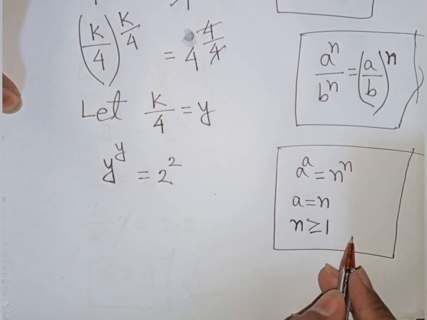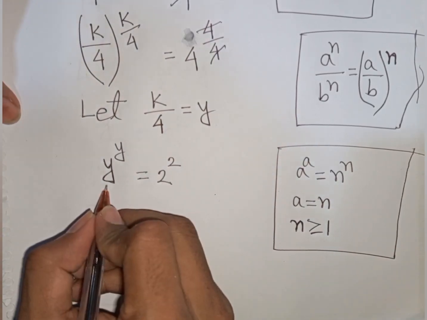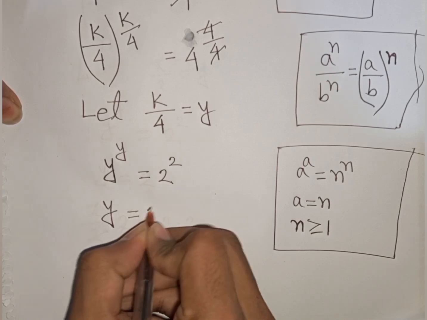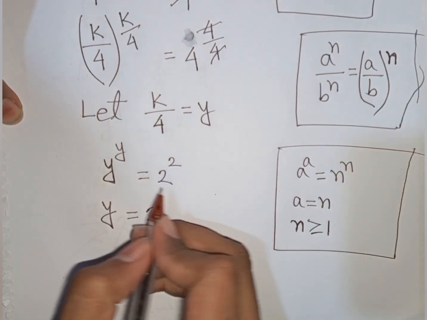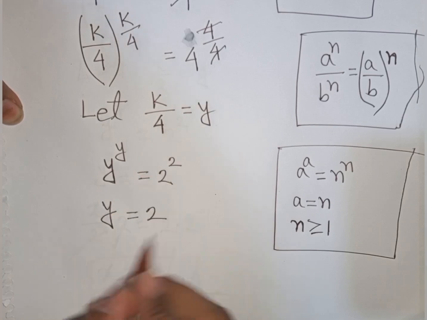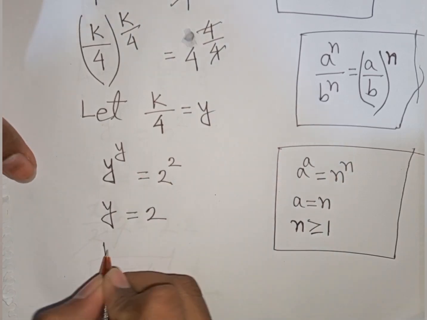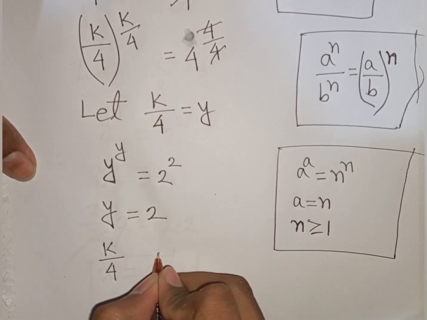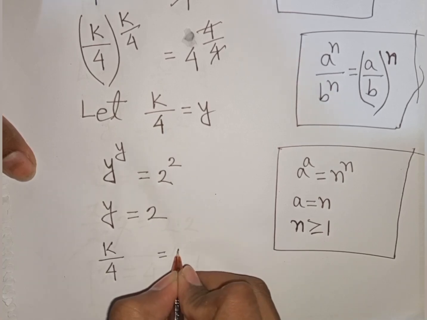So according to this rule, I can compare here y will be equal to 2. But remember that y means k over 4. So k over 4 is equal to 2.